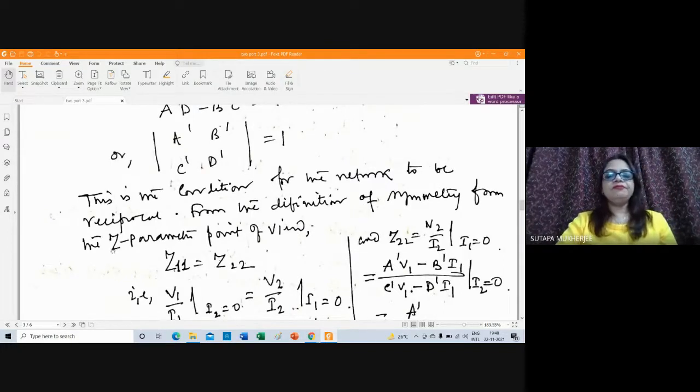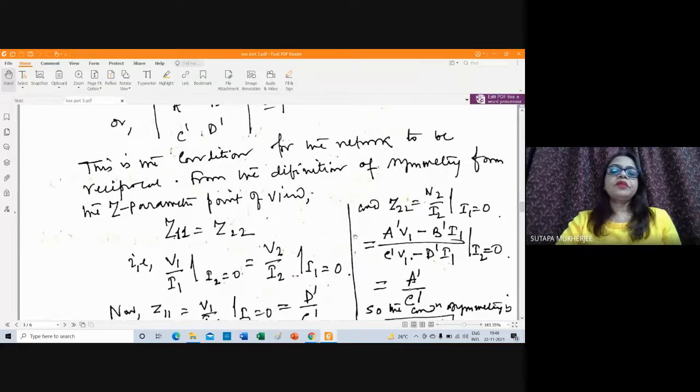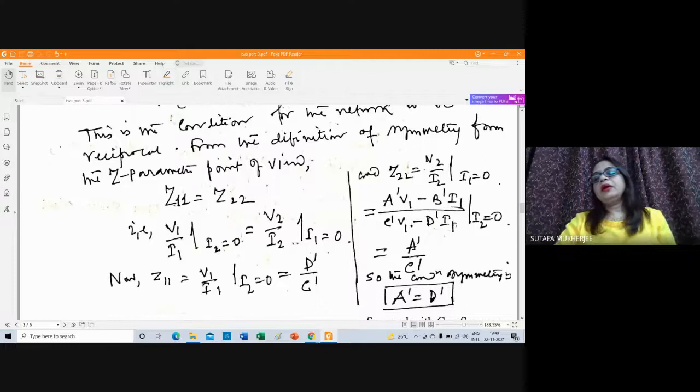From the definition of symmetry, from the Z parameter point of view, Z11 equals Z22. Already you have done it. And what is Z22? V2 by I2 provided I1 is 0. You know. Now, if you put I2 equal to 0, V1 by I1. So in this case, what is happening? I2 equals 0, (A'V1 − B'I1)/(C'V1 − D'I1).